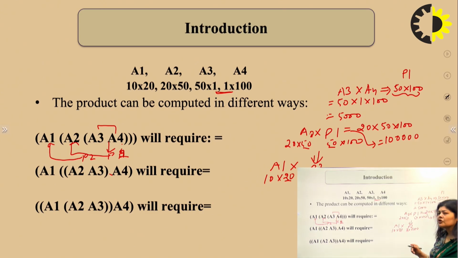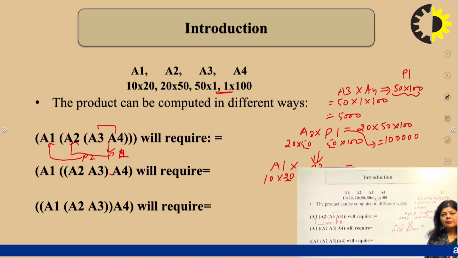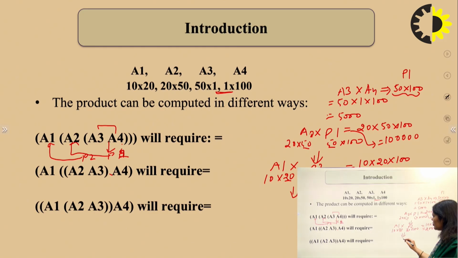Again, the inner dimensions are matching, so these two are conforming for multiplication. The total number of scalar multiplications will be 10 cross 20 cross 100, which comes to 20,000 multiplications. Again I get a final product, which I can denote as P3.